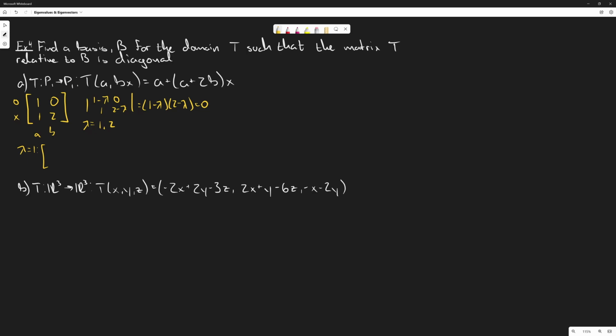When lambda is equal to 1, we get 1 minus 1, 0, 0, 1, 1, and so our eigenvector will be 1, negative 1. When lambda is equal to 2, we'll have negative 1, 0, 1, 0, and so the second column will be 0, so that could be anything.